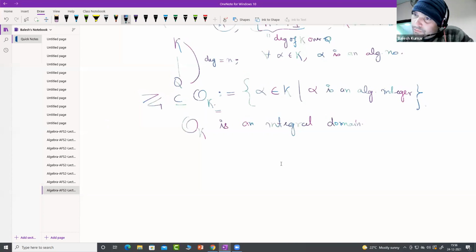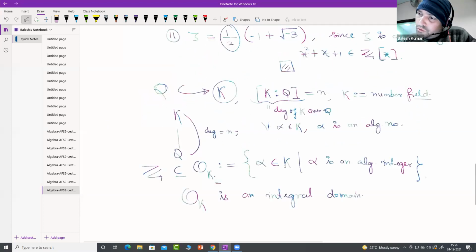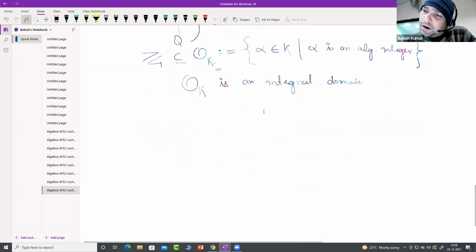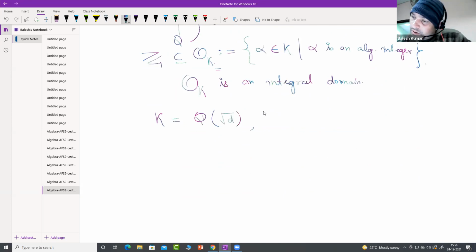And if you don't know what we mean by an extension field and a finite extension of q, one can look at very simple non-trivial extensions k. One can take the quadratic field q(square root of d), where d is a square free integer. Then if one tries to see what O_K will be, in this case it will be of two forms.